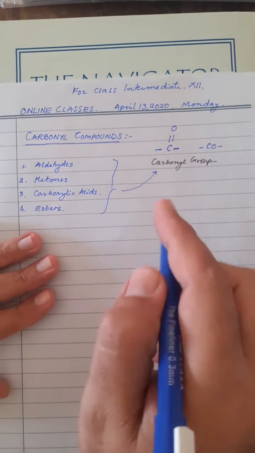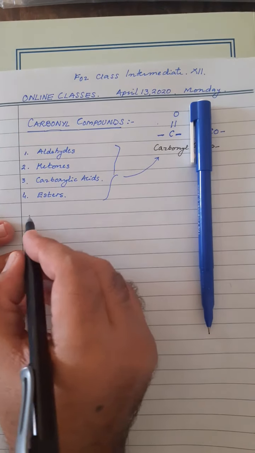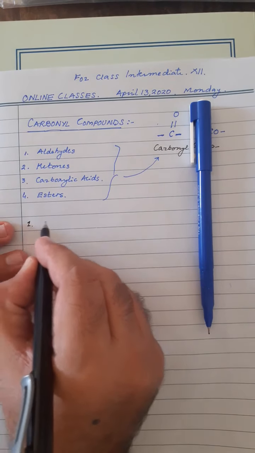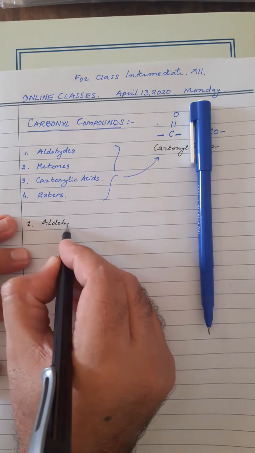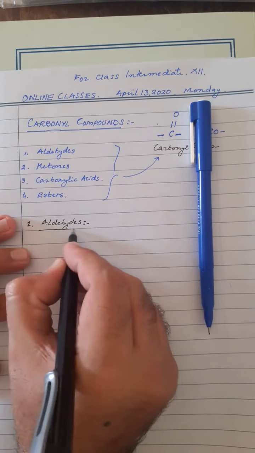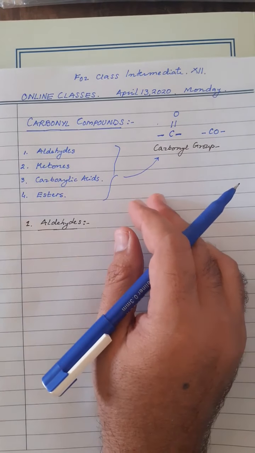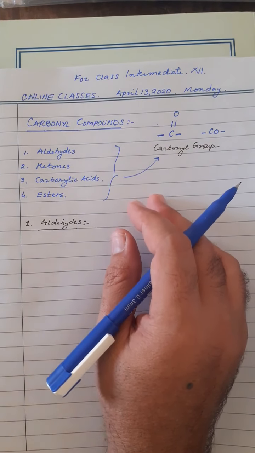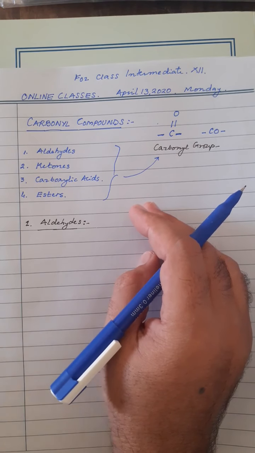Now I will go one by one, and I'll start with aldehydes. I'll explain what aldehydes are, what their functional group is, and how we can name them, I mean, the simple common nomenclature as well as the IUPAC nomenclature for aldehydes.